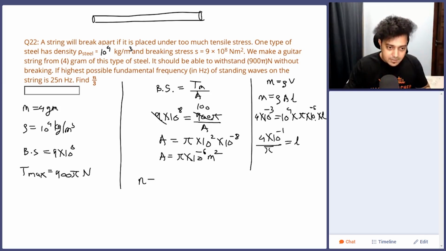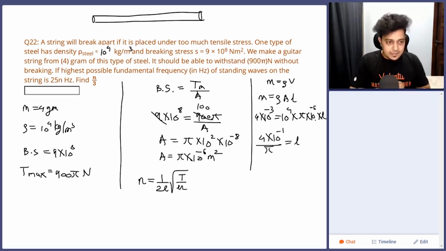So frequency is equal to 1 upon 2L root of T by mu, right? So 25 into n is the frequency value. I should use F letter for frequency. So 25 into n is equal to 1 upon 2 into L root of T by mu.